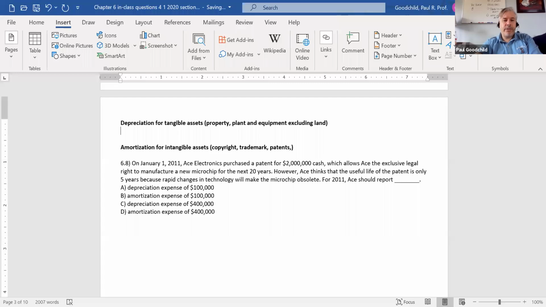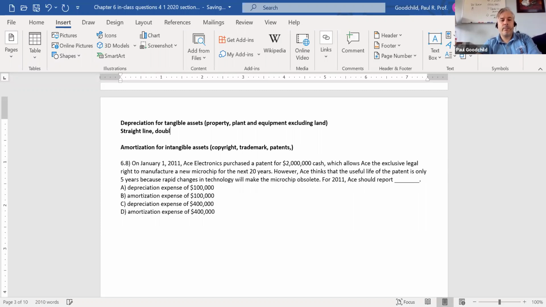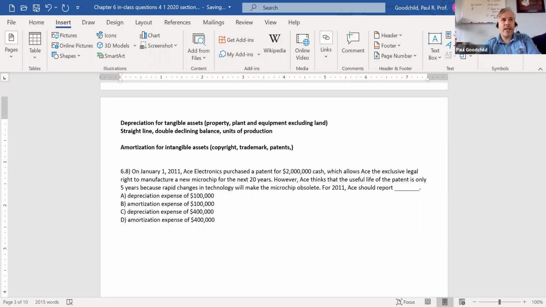For tangible assets, we have a couple different methods that we talk about in the book. We have straight line. We have double declining balance, and units of production are 3 methods. For the amortization for intangible assets, we only use straight line.